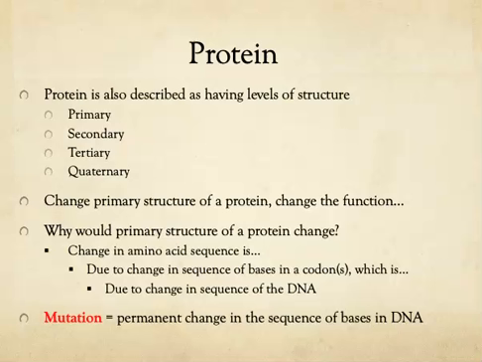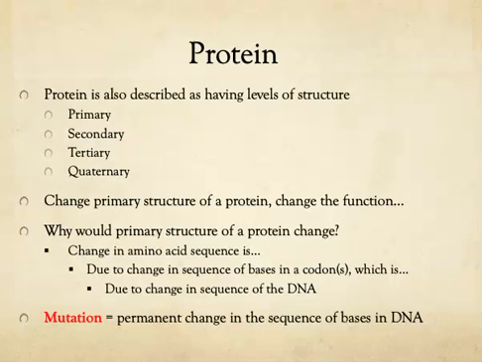The secondary structure of protein are the alpha helices and beta pleated sheets that will form when a long linear chain of amino acids starts to fold. There are 20 common amino acids, and those amino acids each have slightly different chemistry. Some of them will be attracted to each other, some of them will be repelled from each other.